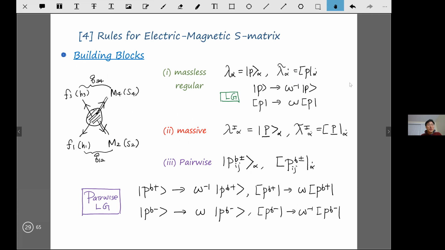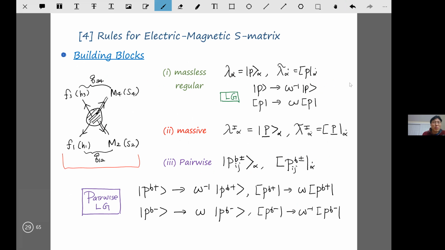Good. So now you want to really wake up and focus, because once you understand the rule, you more or less get the picture. Let's say I'm interested in computing this scattering process: fermion F1 collides with the monopole M2, and what comes out is a fermion F3 and monopole M4, with some pairwise helicities in the in state and out state.